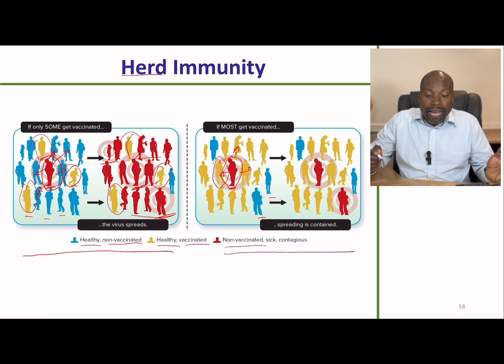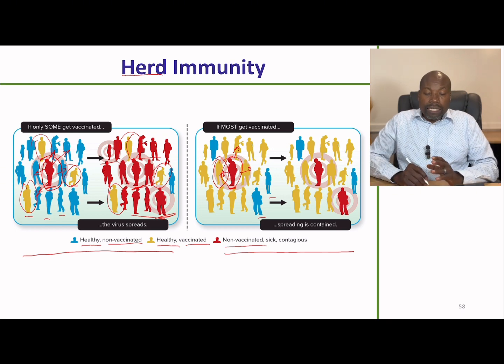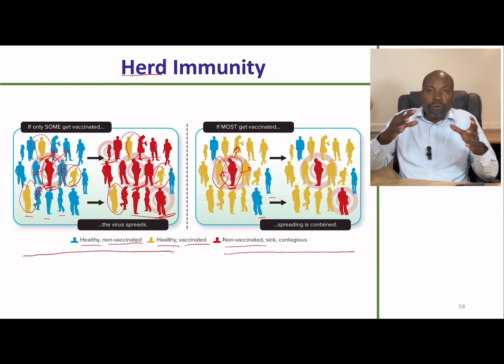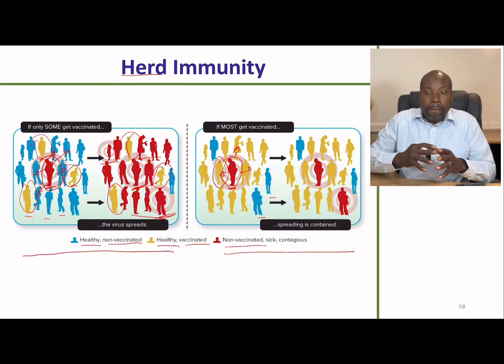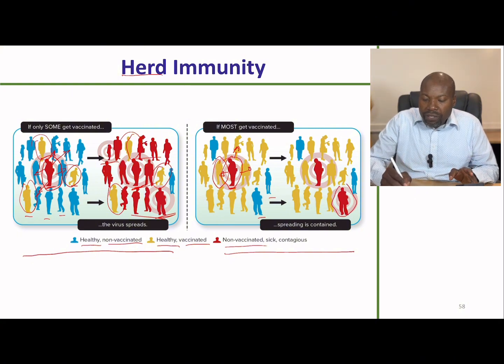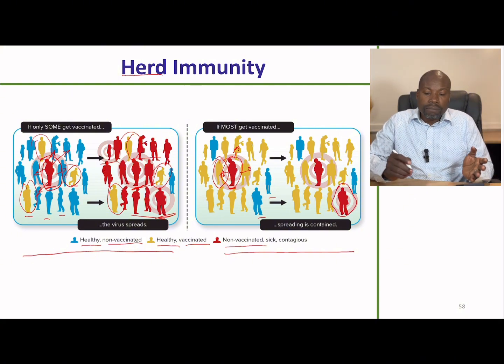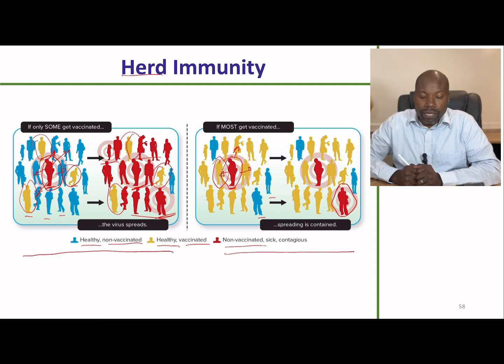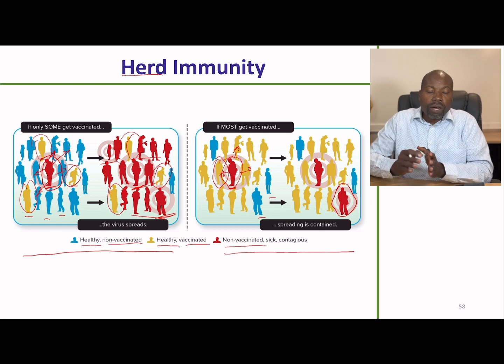As a consequence of that, the infection is going to be confined, but notice that only one person really gets to be sick, one additional person gets to be sick. So this is what we call herd immunity.